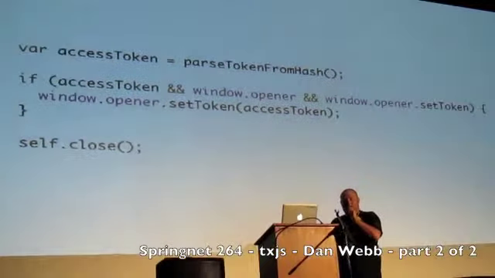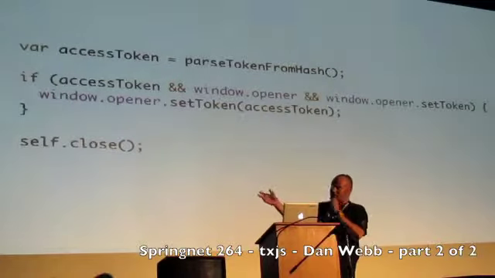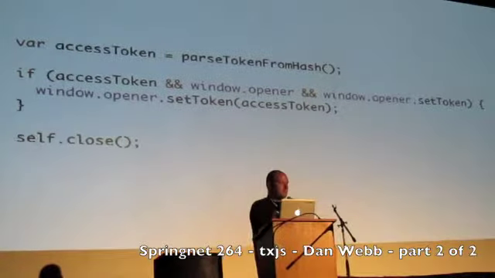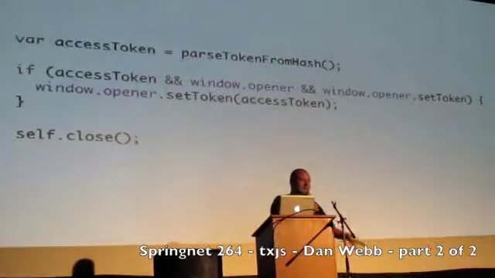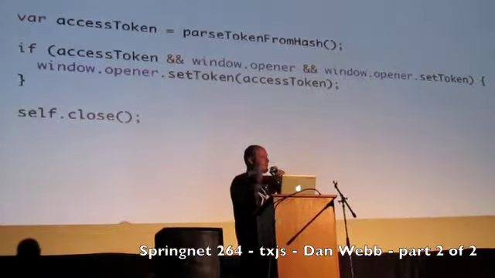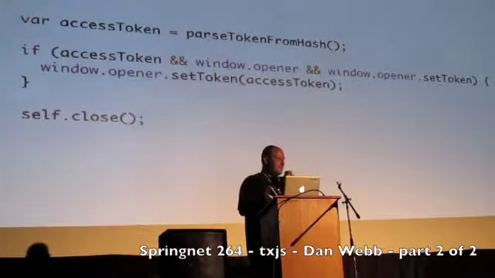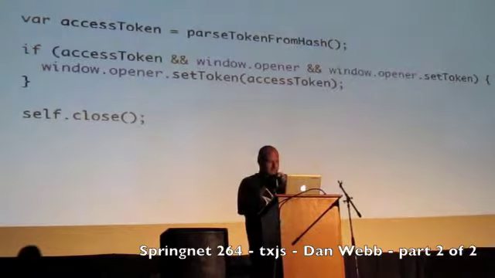If we have access to the window opener and we can actually get to the set token method, then we'll call that method in the main window and give the token to the main window. And there we have it. Now we have securely, without anything going over the wire in the clear, got a token.